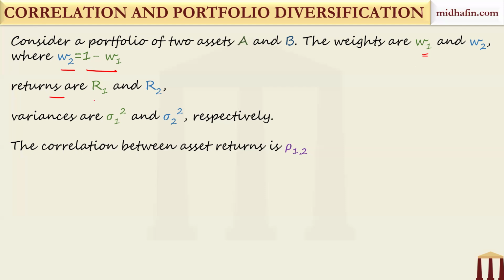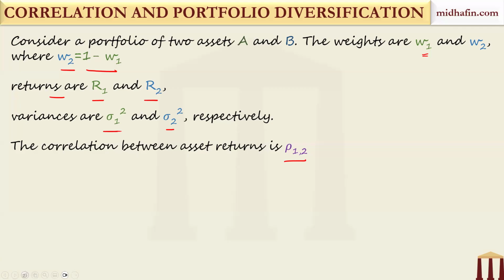Returns are given, capital R1 and capital R2 of the two assets. Variances of the two assets are also given, sigma 1 square and sigma 2 square. These are all given. Correlation again given.